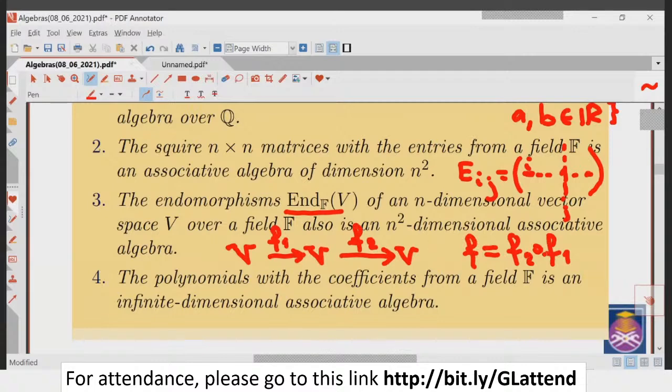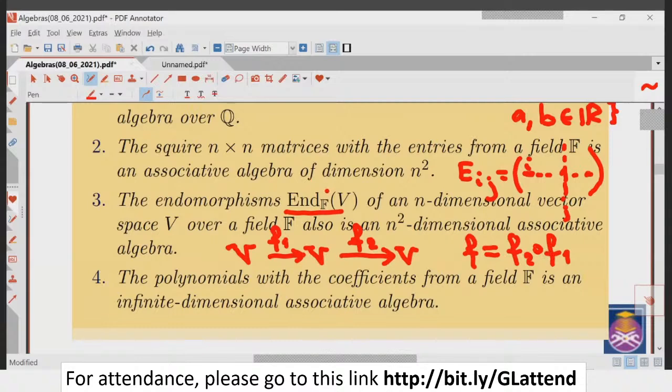With respect to this operation, which you can take as the product operation in endomorphisms, it is an algebra. This operation is associative because composition is associative. So this is an associative algebra.